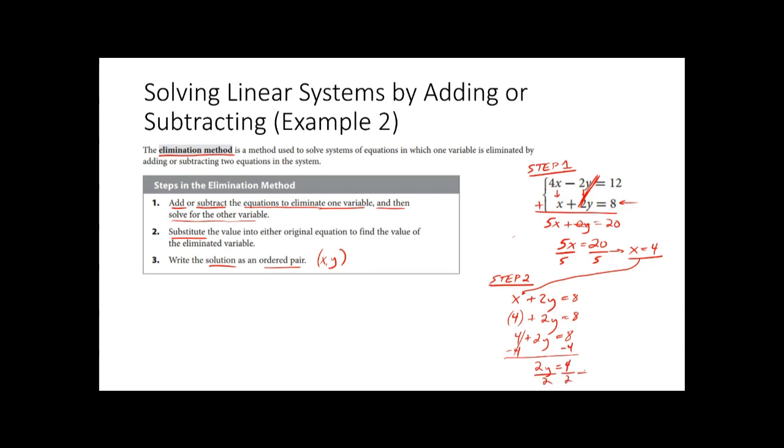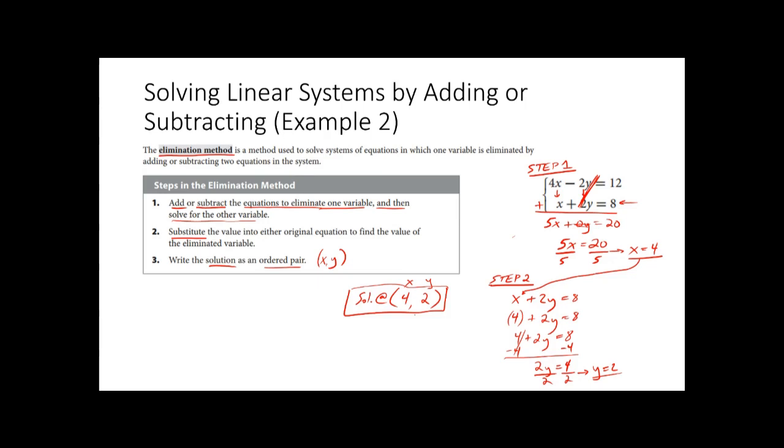Okay, and now we have y equals 2, which is our second half of our solution. So our solution is at x, which we got 4, comma, our y, which was 2. So there is our solution.